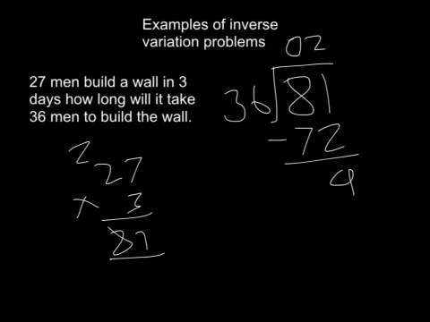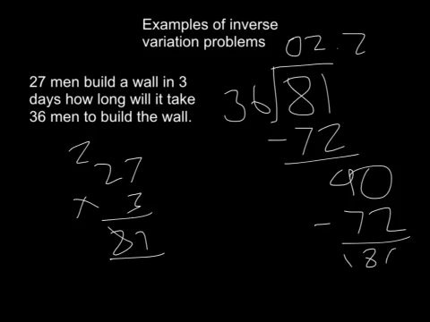Put a point, put a 0. It goes 2 times again, minus 72, which is 18. So put a 0. Now 180 divided by 36.